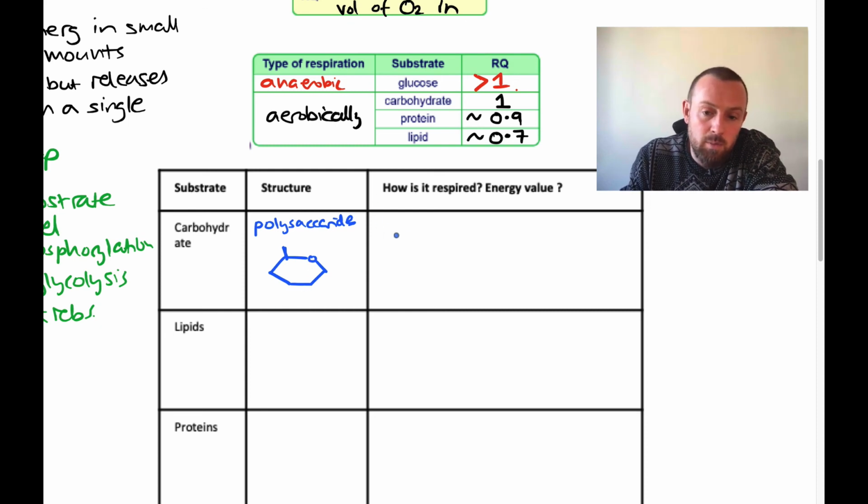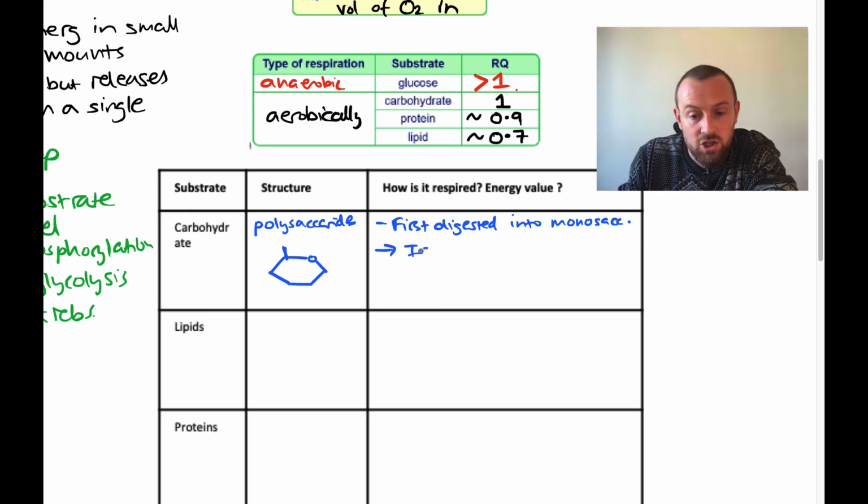But how is it respired? Well, first digested into monosaccharides. And there might be isomerization. So you can respire stuff like fructose.